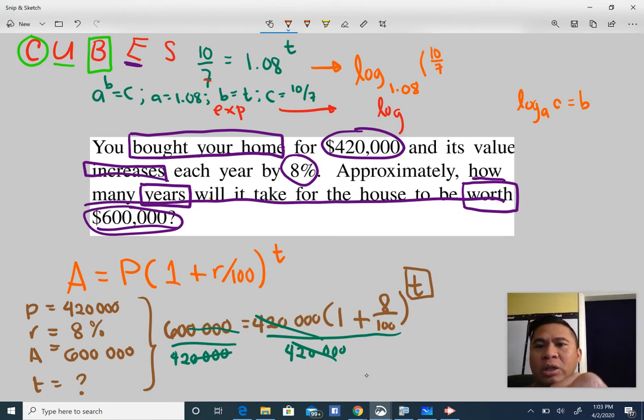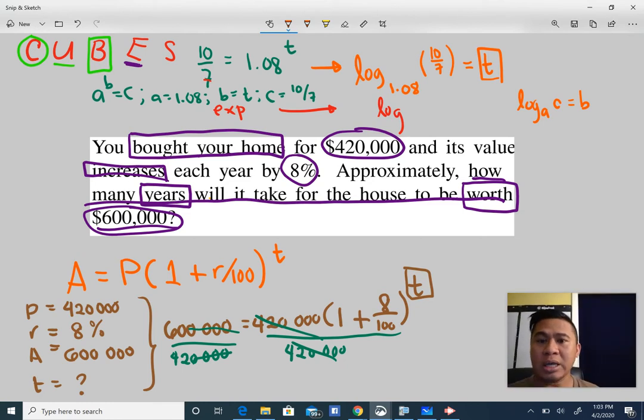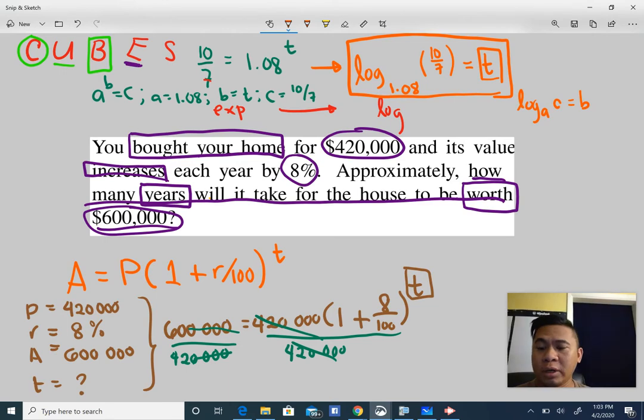I'm putting it inside parentheses just to make it clear. And that is equal to b, which is in fact my time. So to solve for time, let's now use our TI-84 calculator. Again, that will be log base 1.08 of 10 over 7.